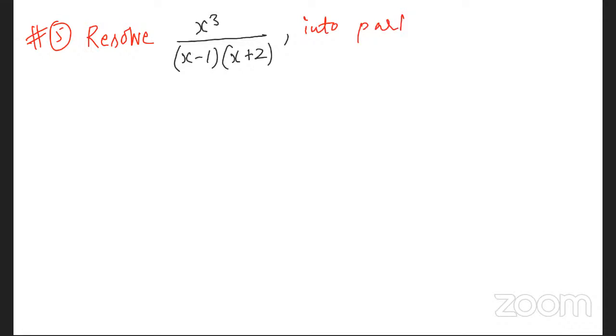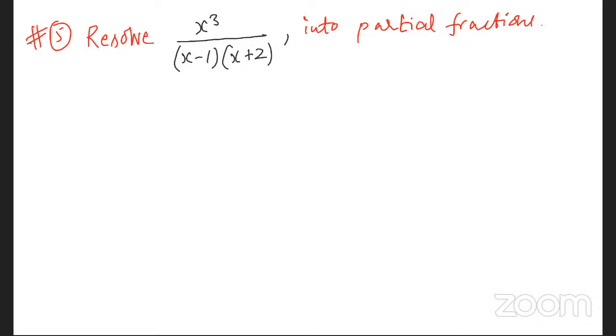Resolve x cube divided by (x minus 1)(x plus 2) into partial fractions.